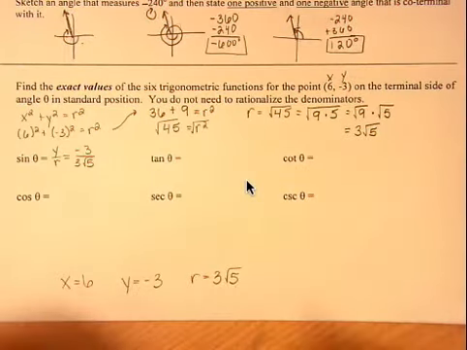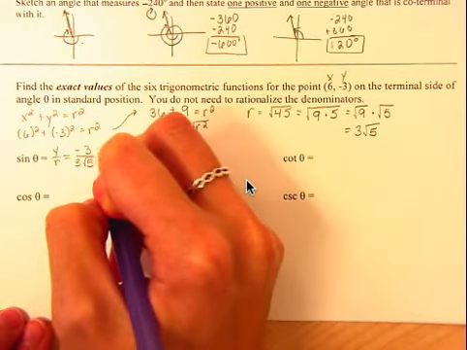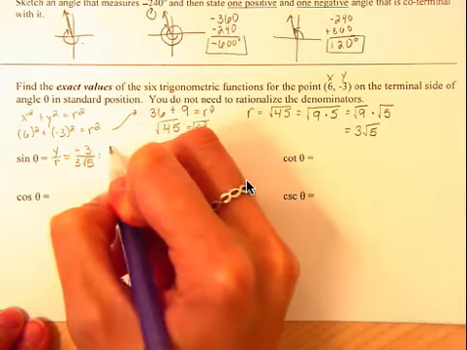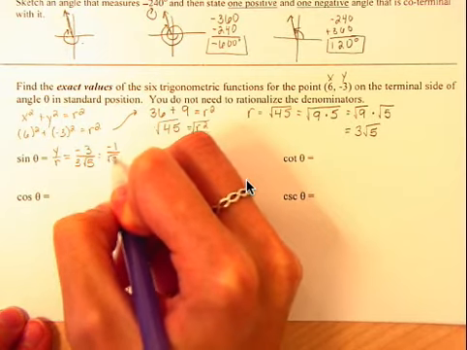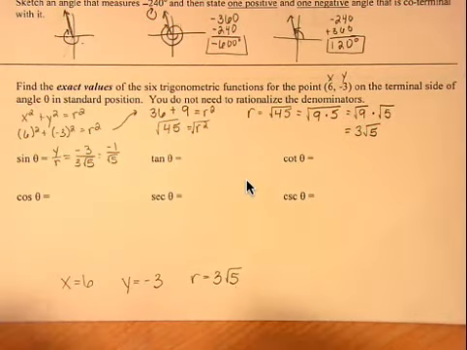Now I'm going to simplify this before I rationalize the denominator. 3 divided by 3 cancels out to negative 1 over the square root of 5. If you want to rationalize the denominator, I won't penalize you for not doing so, but it does sometimes help you simplify things.